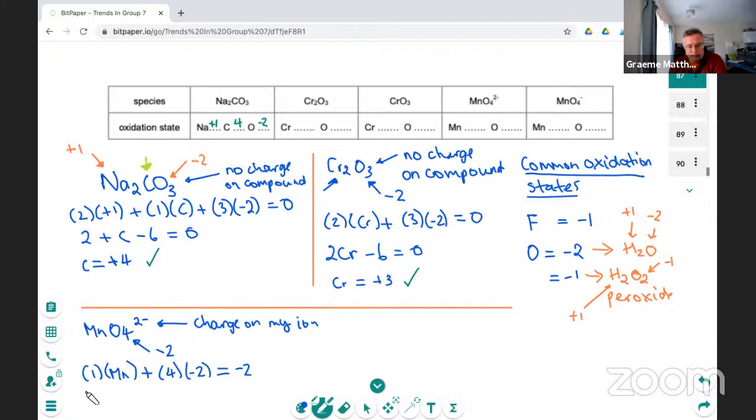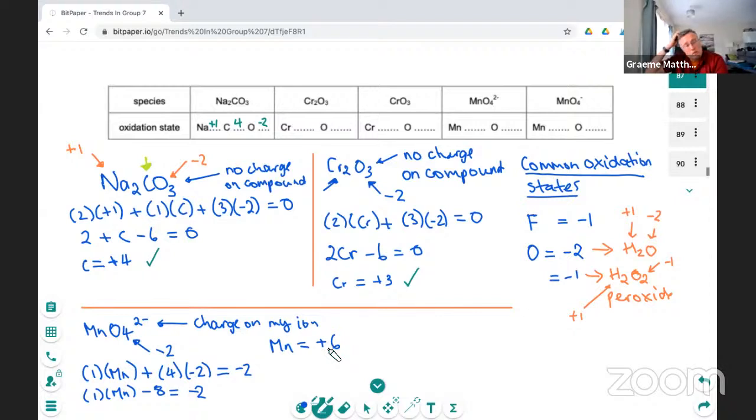So 1 manganese minus 4 times 2, -8, equals -2. Using my advanced math skills on a Sunday afternoon, manganese has to be +6.